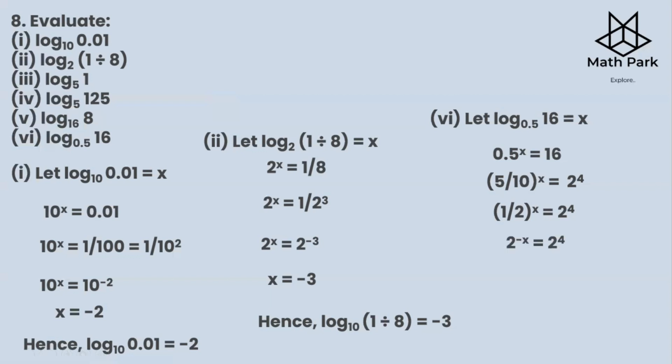So 2 to the power minus x is 2 to the power 4. Comparing, when the bases are equal, the powers are equal. So you get minus x is equal to 4, or x is equal to minus 4. Got it? So similar way you need to solve the other question, children.